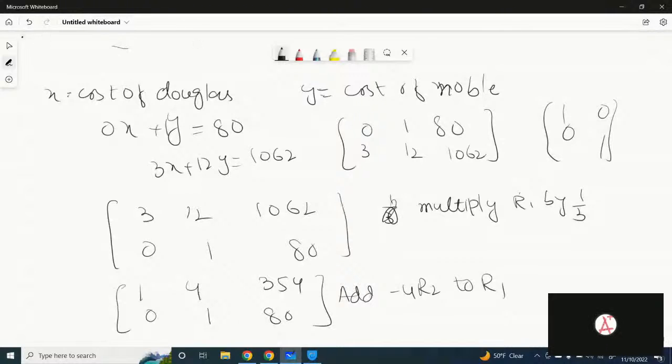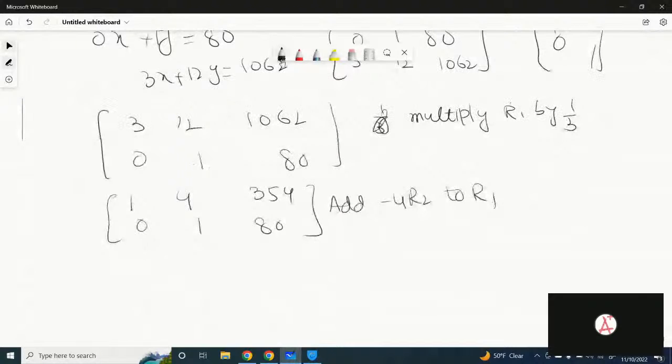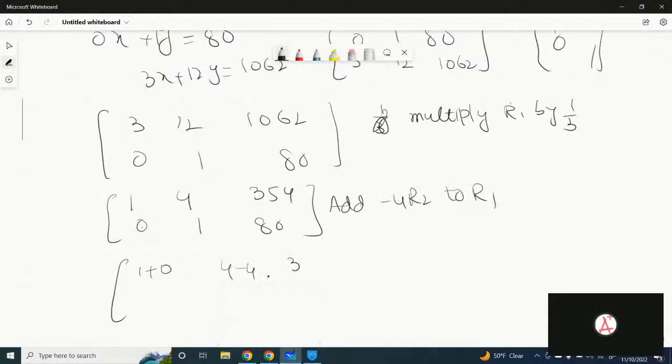So it would be then, 0 times negative 4 is 0. So 1 plus 0. 1 times negative 4 is negative 4. So it would be 4 minus 4, and 80 times negative 4 is negative 320.